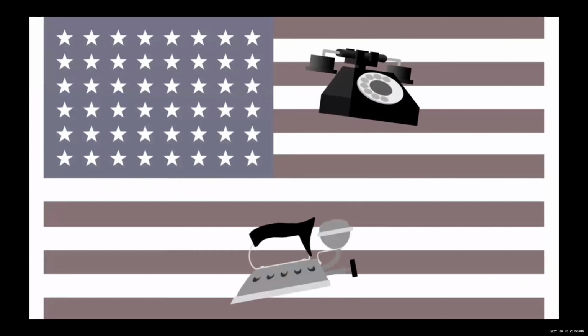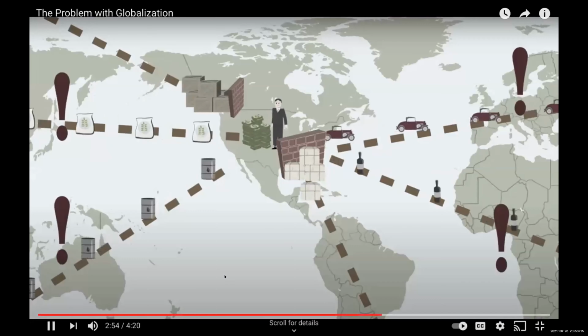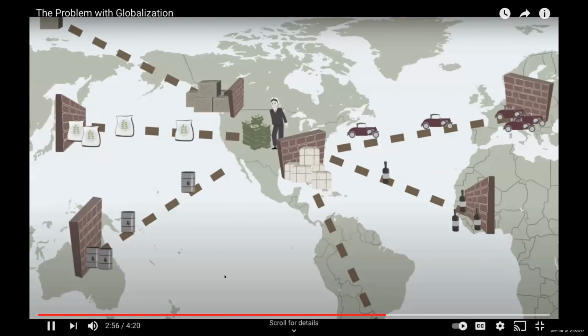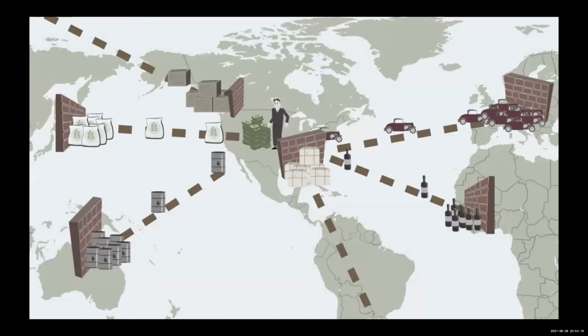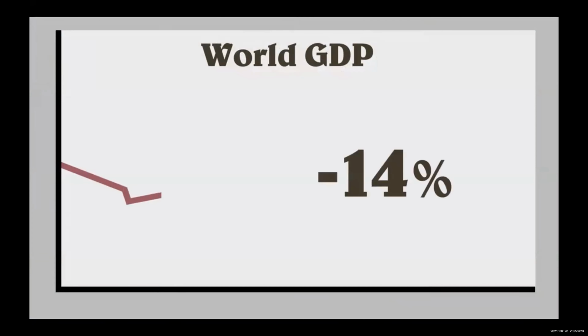Buying foreign products became too expensive, so people had to buy American. This seemed like a great idea at first, but in retaliation, other countries raised their own tariffs as well, and a global trade war began. The world GDP dropped 14%, and the trade wars worsened an already depressed global economy. These sentiments and actions sound hauntingly familiar today.